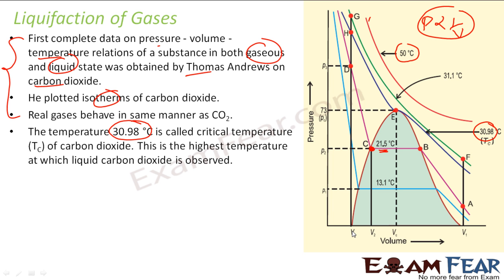Here the volume was V3, here the volume is V2. V2 is greater than V3, right? So he was reducing the pressure, the volume was increasing, but at point C, the moment it started becoming liquid carbon dioxide, he was trying to reduce the pressure, the volume increased, but the pressure was constant for some time, correct? And then it went down, correct?